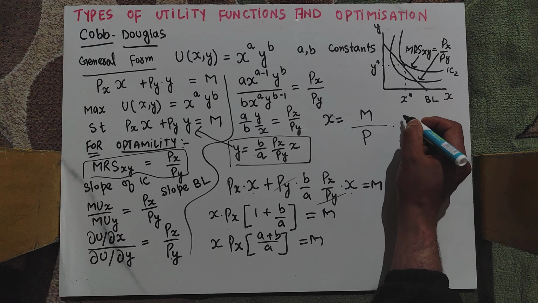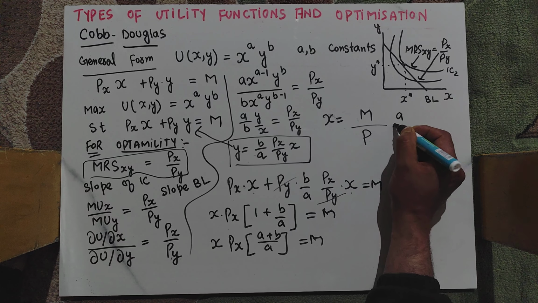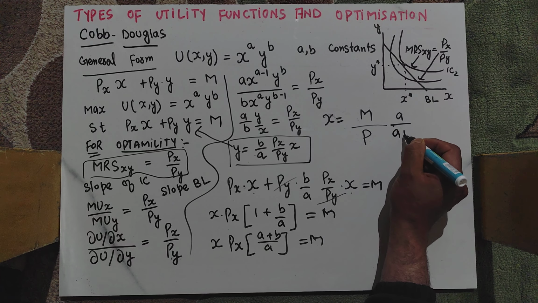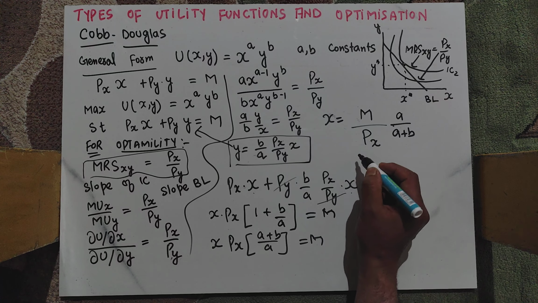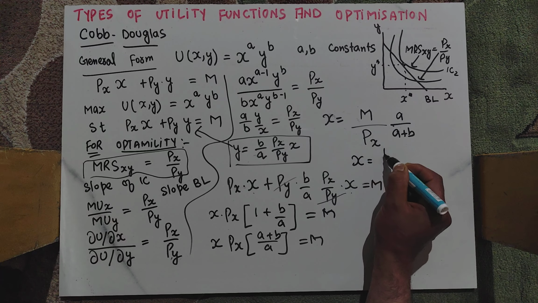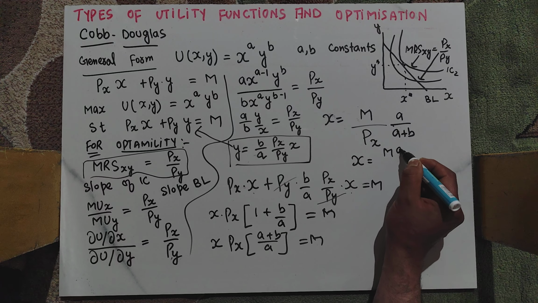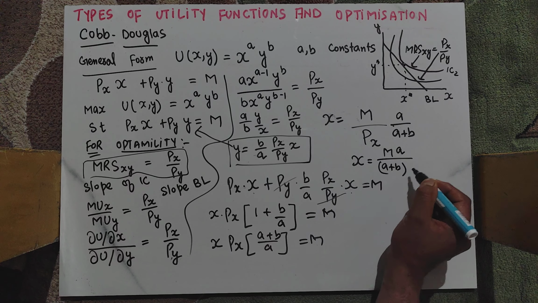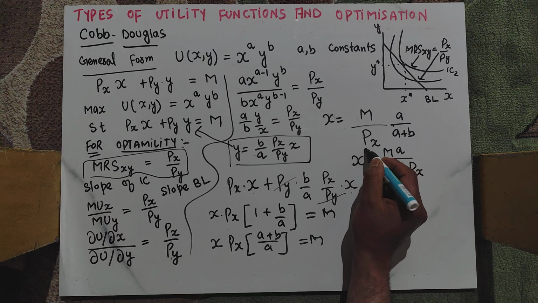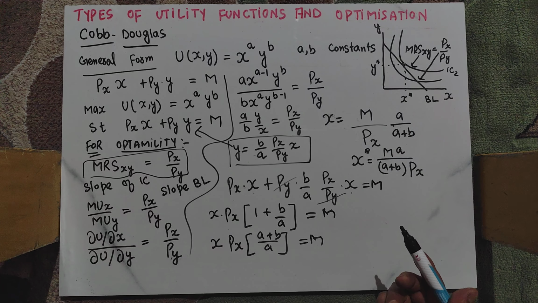If I transpose it, it becomes a divided by a plus b. So x is equal to m times a divided by (a plus b) px. This is the demand function for good x.